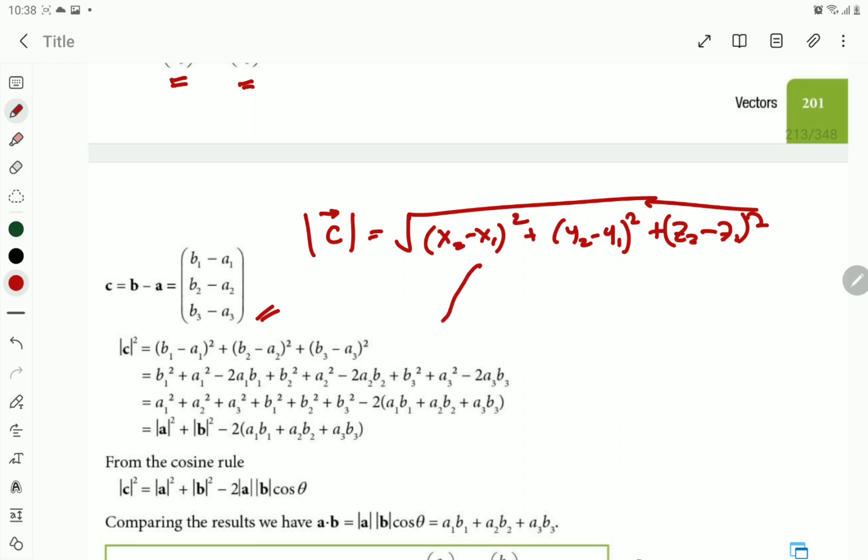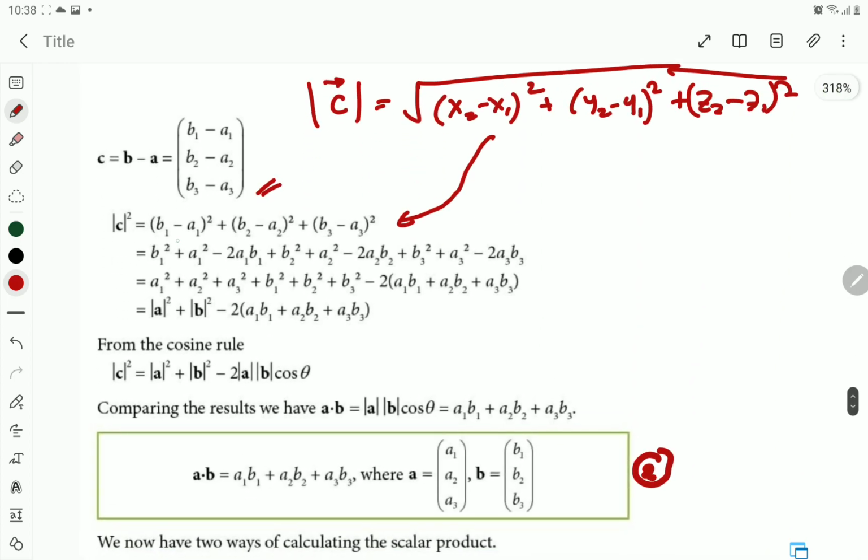And that is actually this part. If you expand each of them, this is the expansion, this is the expansion, and this is the expansion.